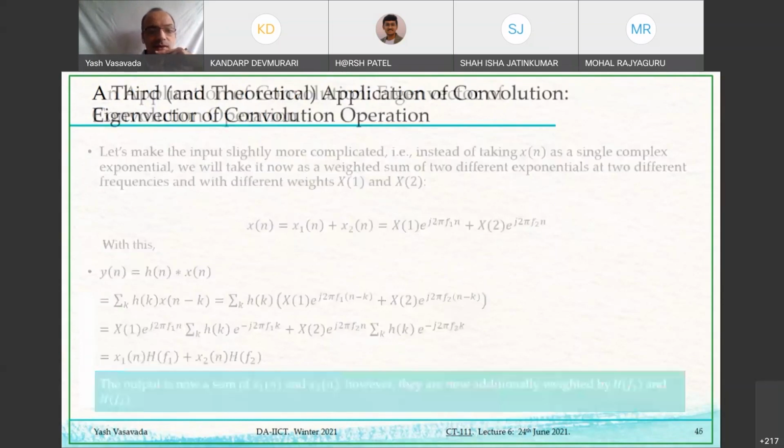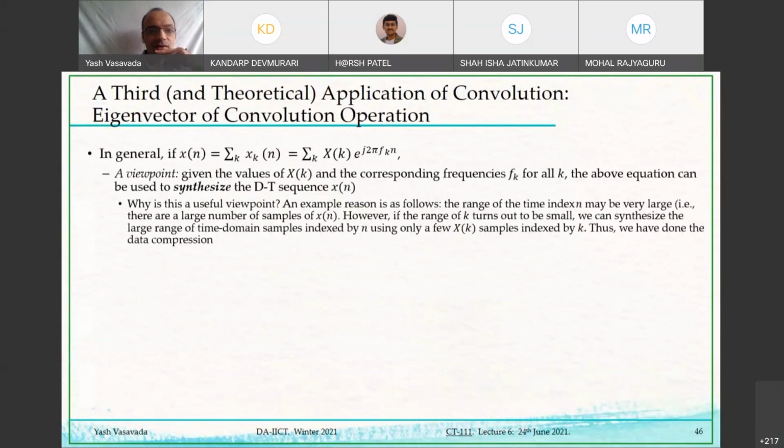So obviously, if I generalize this further and say that the input is a linear superposition of a lot of different complex exponentials, each oscillating at a particular frequency f of small k, where each frequency is additionally weighted by these weighting coefficients x of k, and then I just mix them all up, I do a synthesis operation.